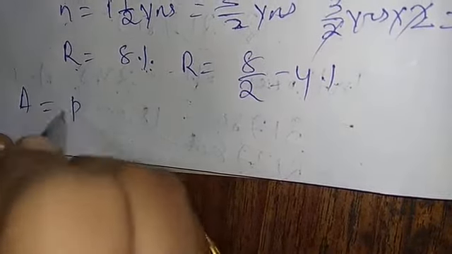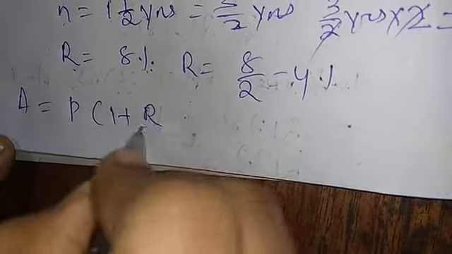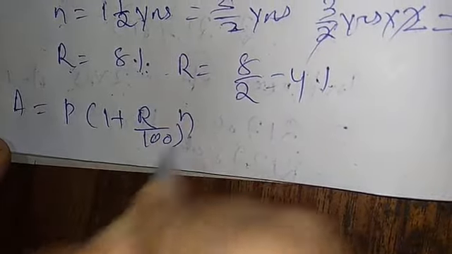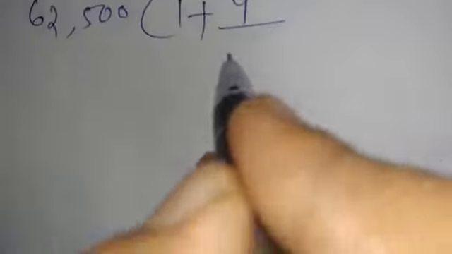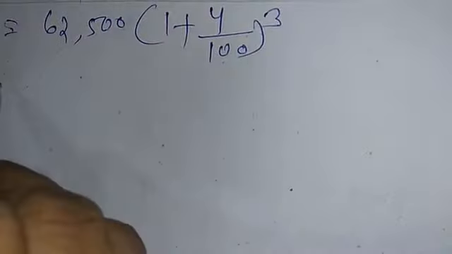Okay, next we find the amount. So amount equal to P into 1 plus R by 100 to the power n. Put the values. P is 62,500. Again 1 plus rate of interest 4 by 100 to the power n, that is 3.